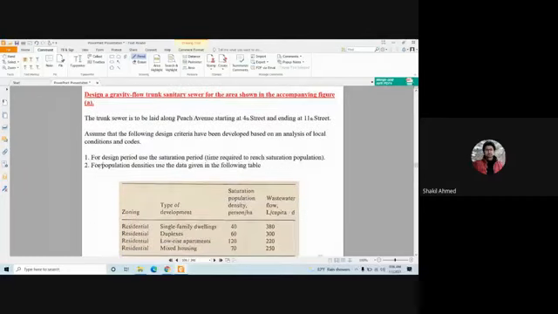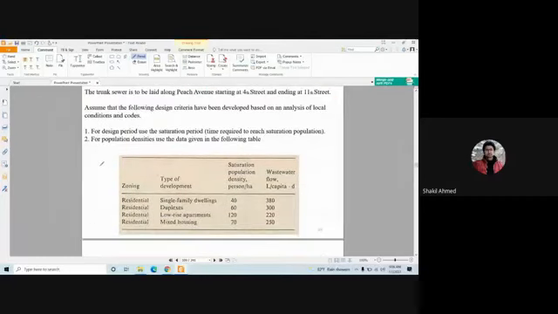Now, it's given that from a typical single family dwelling land usage, the population density is 40 per hectare. That means if this single family area is 50 hectare, then total population will be 50 into 40.